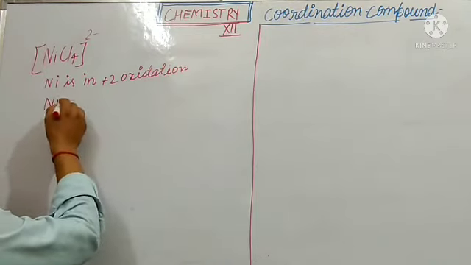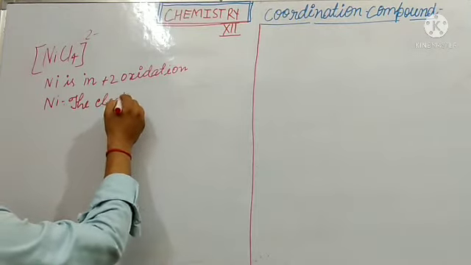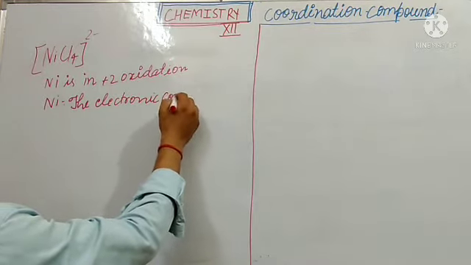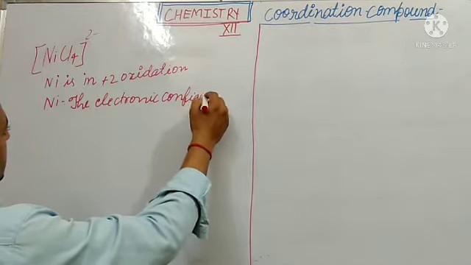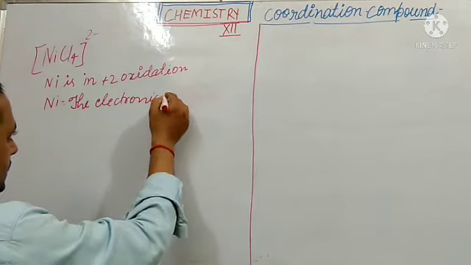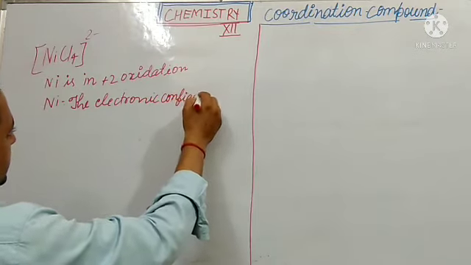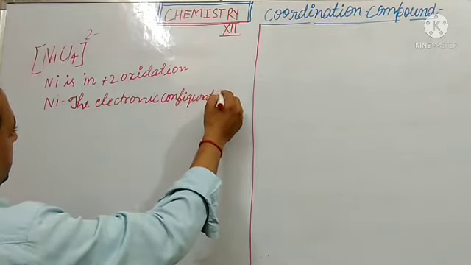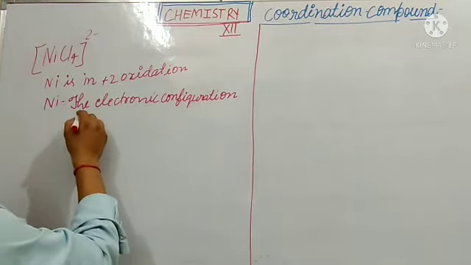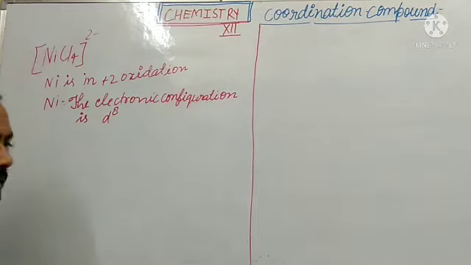Ni2+, the electronic configuration is d8.